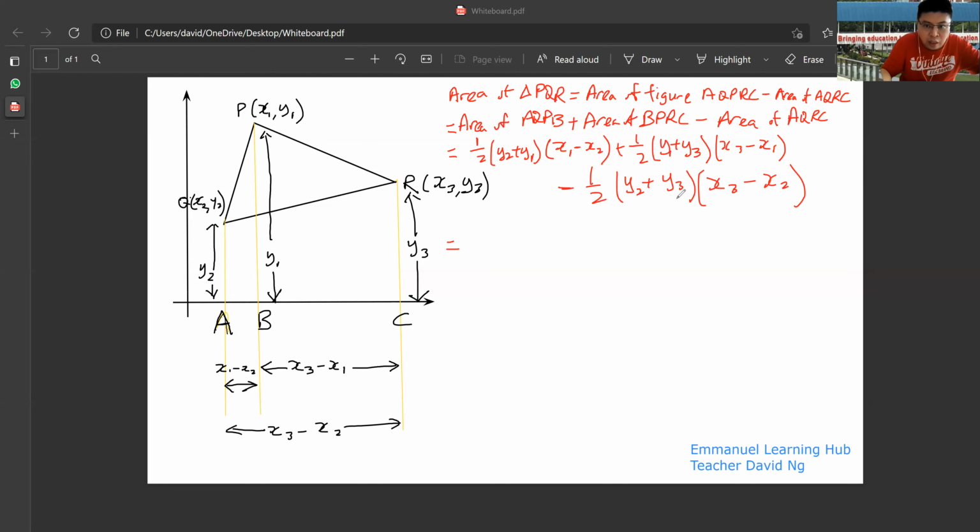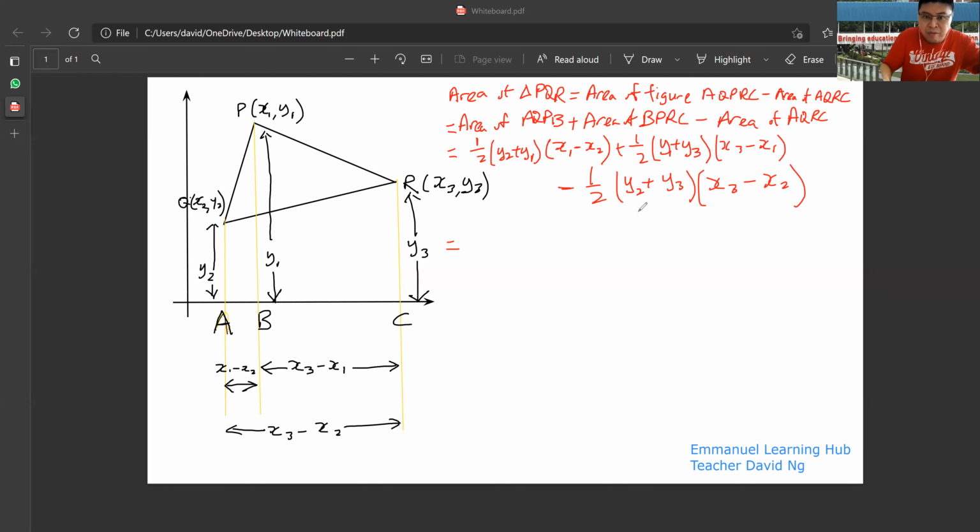Then this one will be half y2 plus y3 multiplied by x3 minus x2. So you can find PQR. Basically it is the area of this whole chunk minus the area of this. The area of this whole chunk is the area of this plus the area of this, then minus this part.